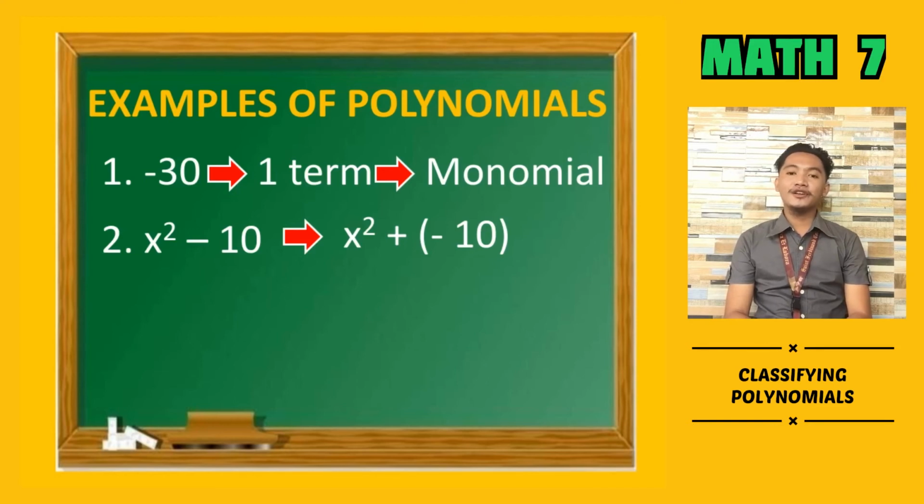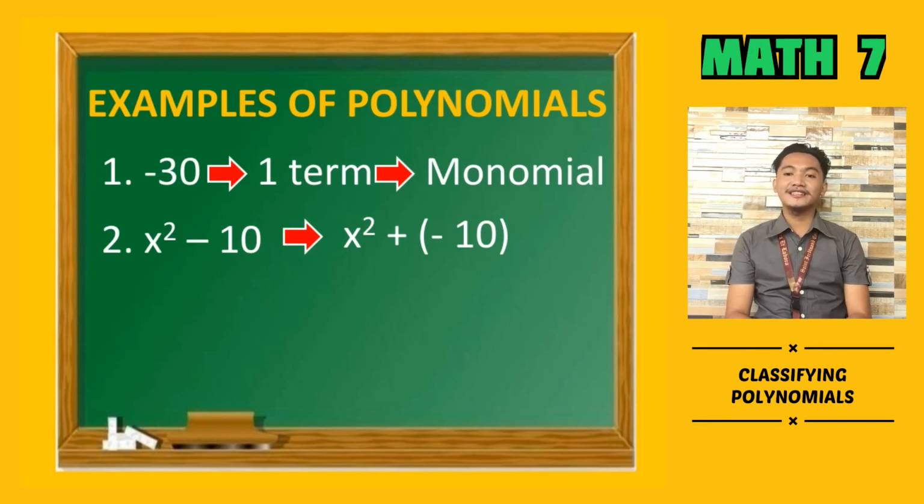As I said a while back, a polynomial is a sum of one or more terms, so we can rewrite it as x squared plus negative 10. But it is just the same as x squared minus 10.